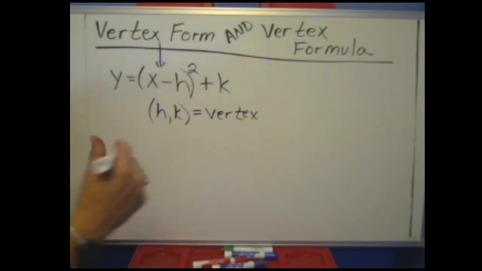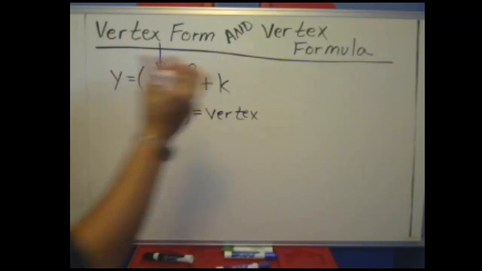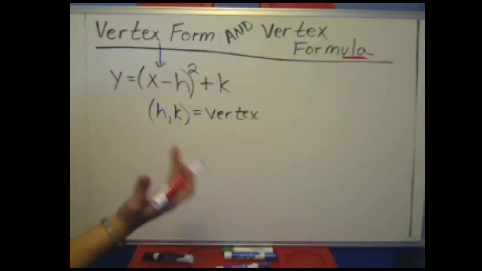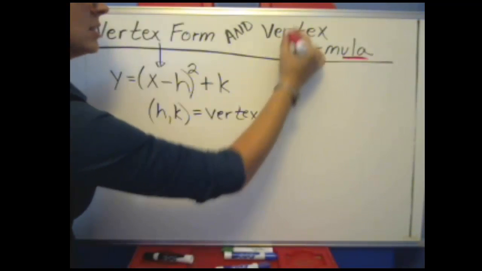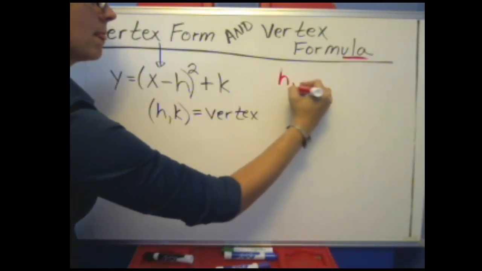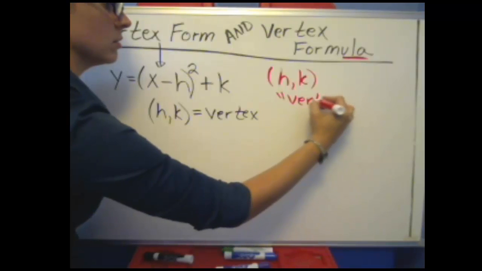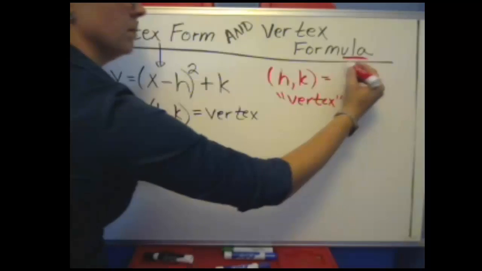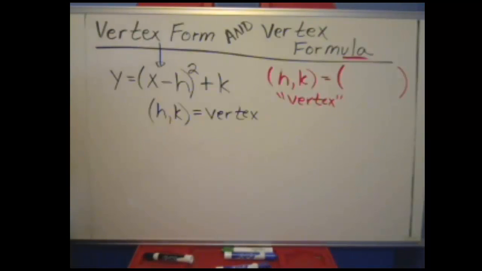Over here, however, on vertex formula, this is kind of a tricky little vocabulary thing. When it says formula, it's actually a situation where generally you're being asked just to solve for a vertex. So the vertex formula is that h, k, the actual vertex, is equal to, and I'm going to write this as h being the x coming first, comma the y.